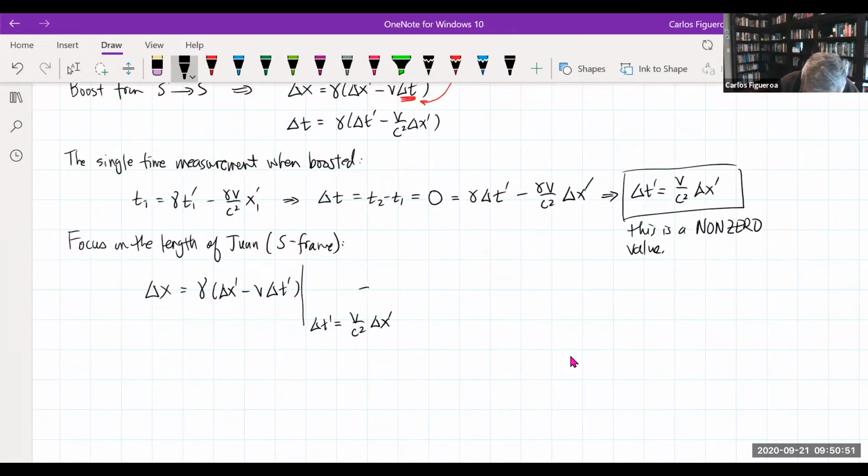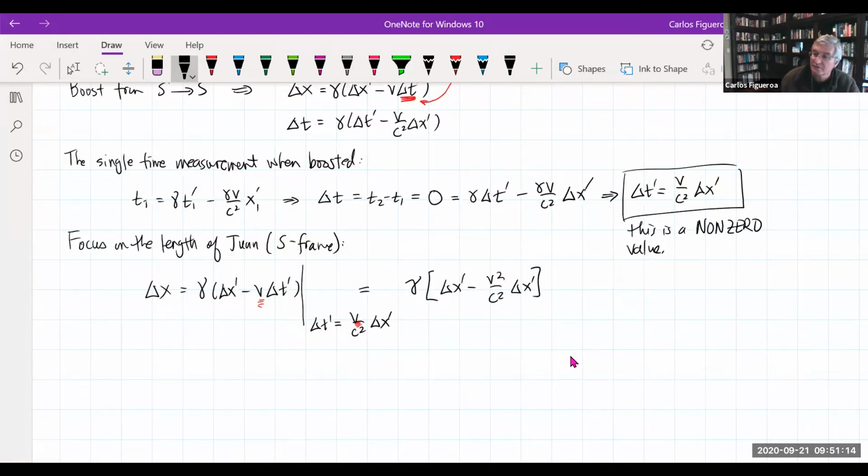And if I put that in, what you're seeing here is that I'm getting gamma. Then I'm going to get, of course, delta X prime minus, look at the V squared here now. There's one V right here. There's another V right here. So when I put those in, I'm going to get a V squared. I'm going to get V squared over C squared delta X prime.